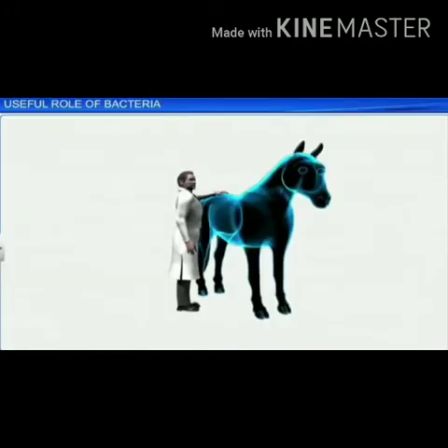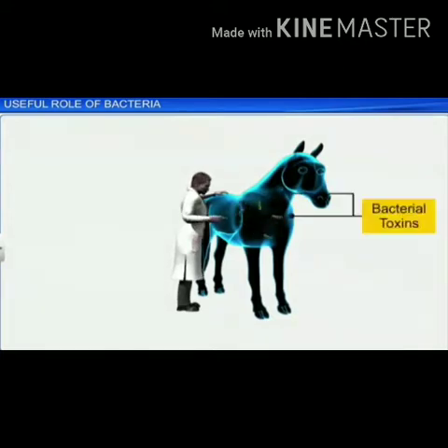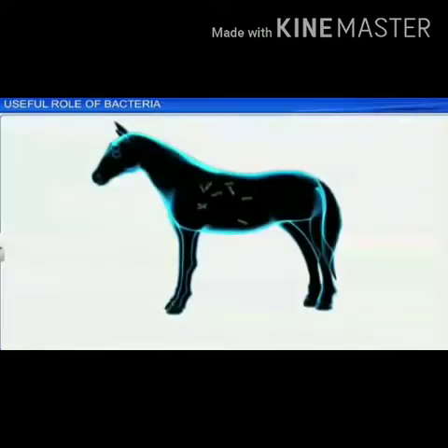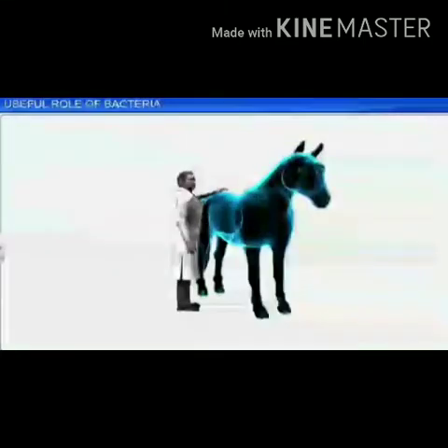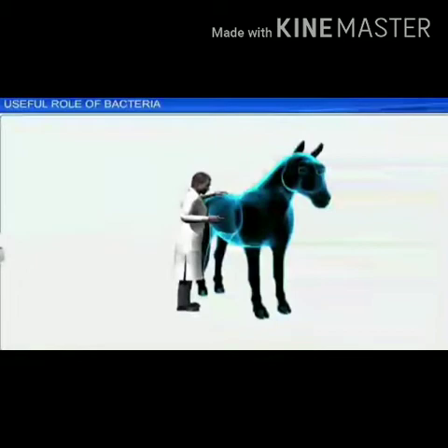In this method, a small dose of a bacterial toxin is injected into the blood of a healthy cow or a horse. The cow or horse produces antitoxins to neutralize the effect of the toxin. Continuing with the process, the animal is given several injections of the same toxin.